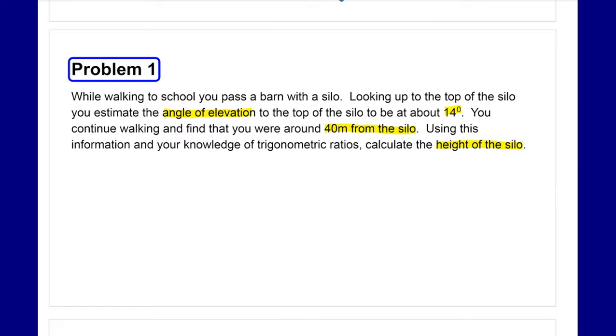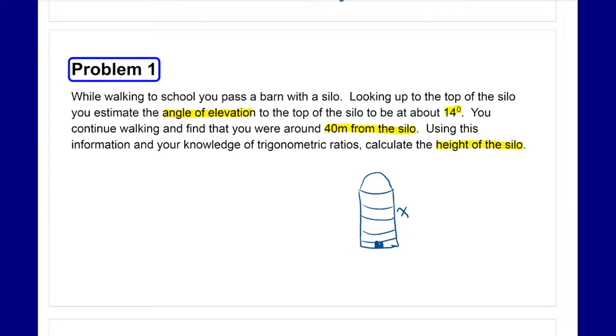So let's just start off. Let's draw our silo here. Maybe a little door at the bottom. We want to calculate the height.